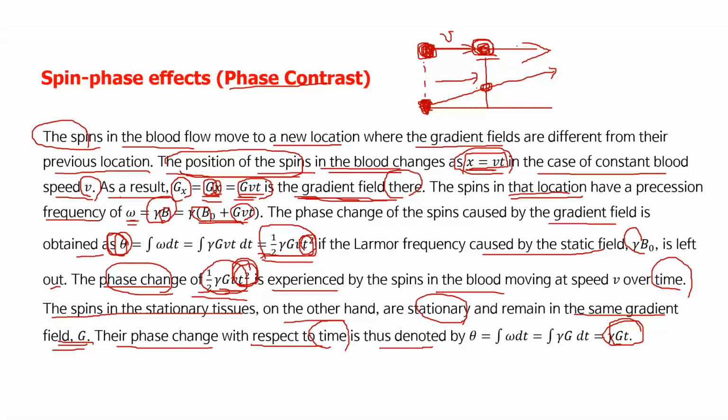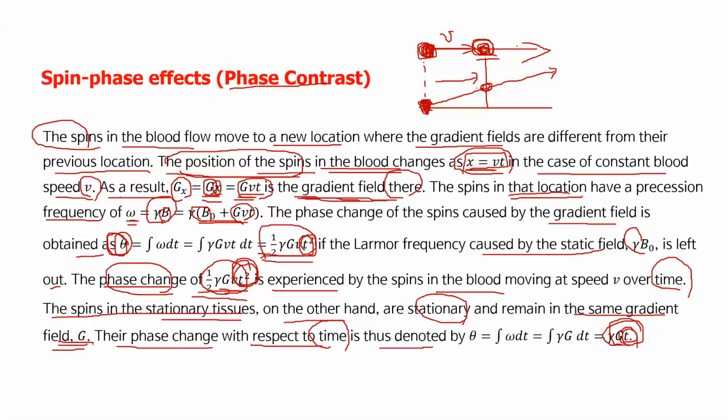However, the phase change in the stationary tissue is given by this form, gamma gt. So for the spins in the stationary tissue, the phase change depends on just t.